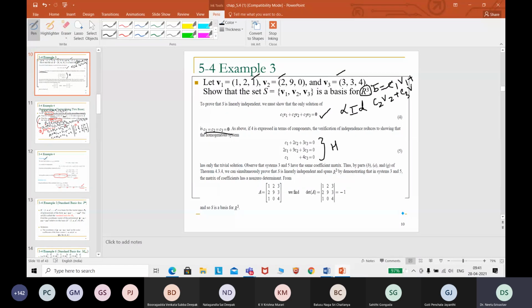For these conditions, we have clubbed them in terms of the determinant, and I told you why: the rank of the augmented matrix and the rank of A should be equal.